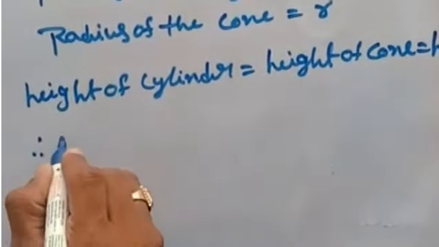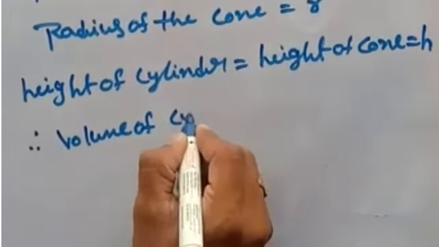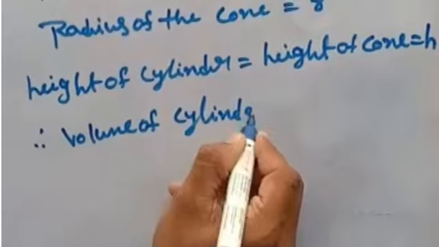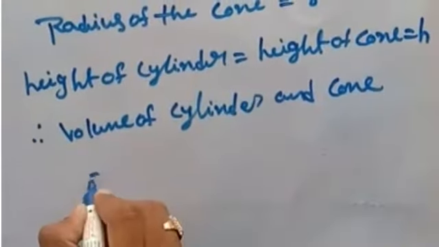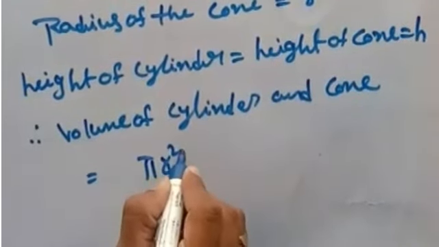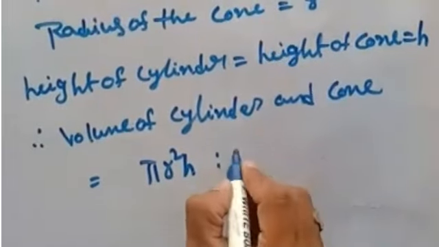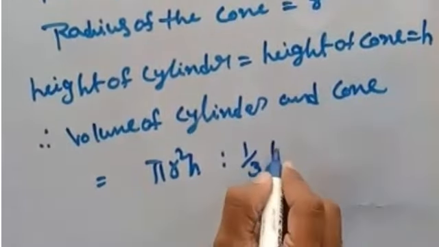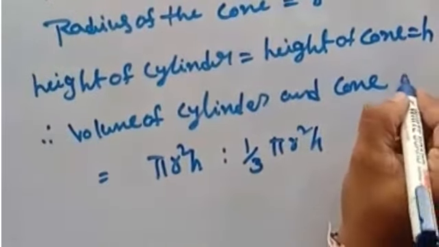Therefore, volume of cylinder and cone, that is volume of cylinder pi r square h is to volume of cone 1 by 3 pi r square h. That means volume of cylinder and cone ratio.